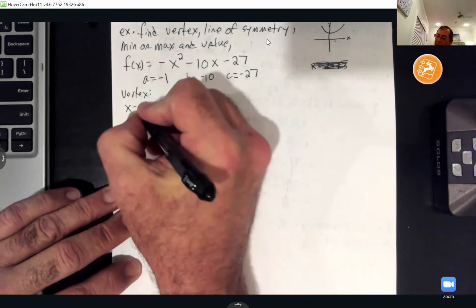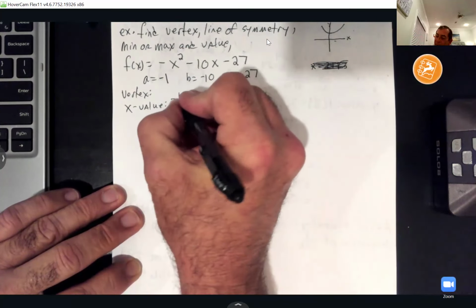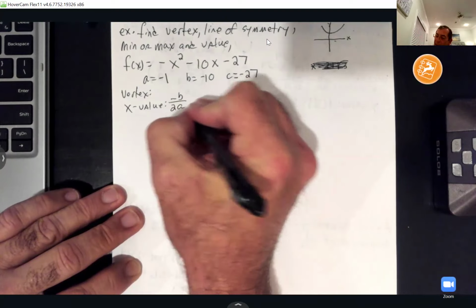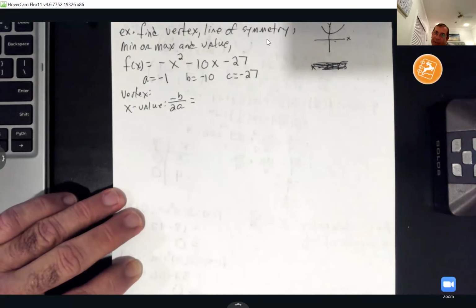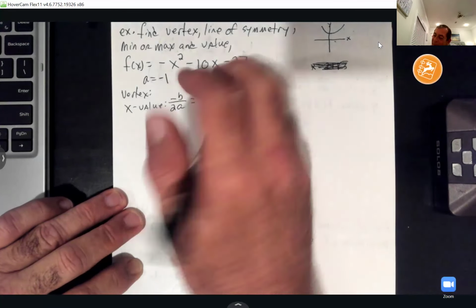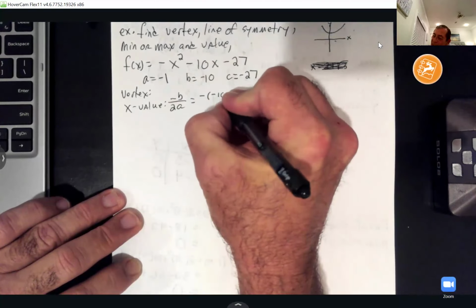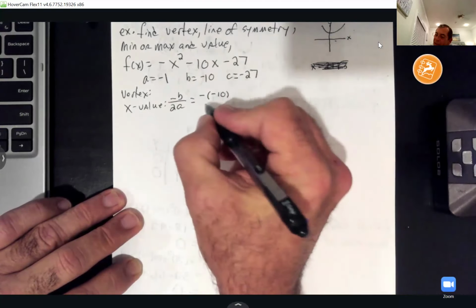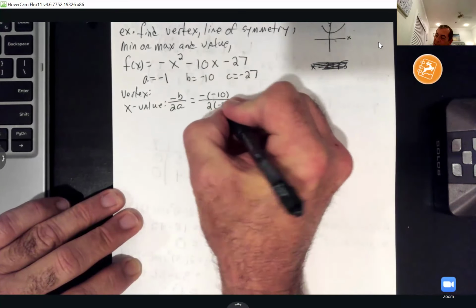So here I go. I'm going to get that x value first for the vertex by doing -b over 2a. And we're probably hoping we don't get a fraction for this answer. So y'all, let's see what happens. I got my negative. My b is a -10. So that's going to give me two negatives again, over 2 times -1.